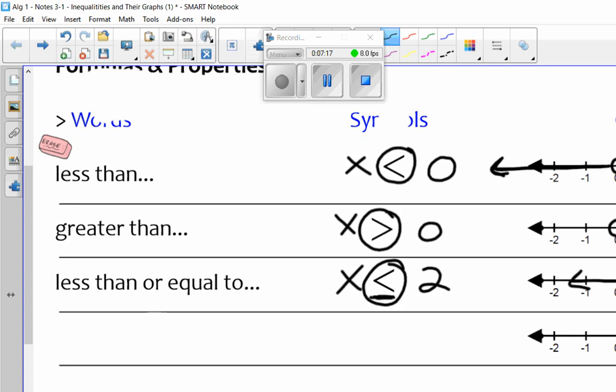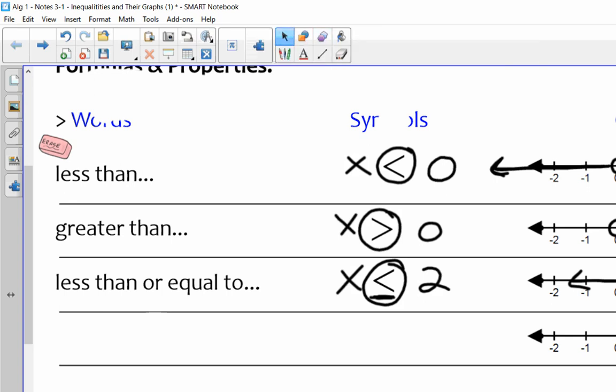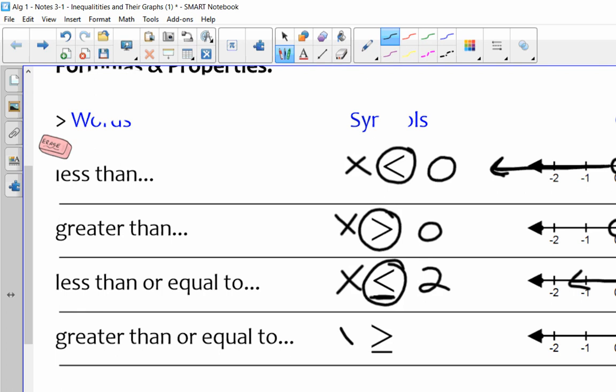All right, the last one is greater than or equal to. The symbol is that. And I'm just going to use x again, and 2. Once again, I've got this little equal sign with it.